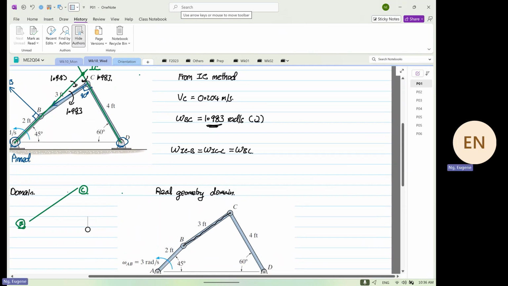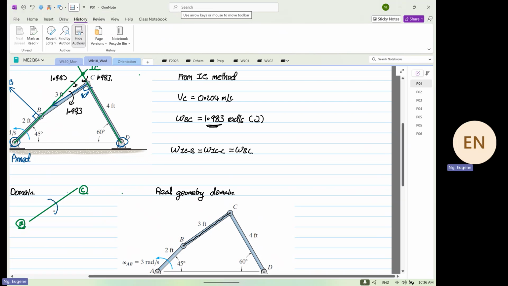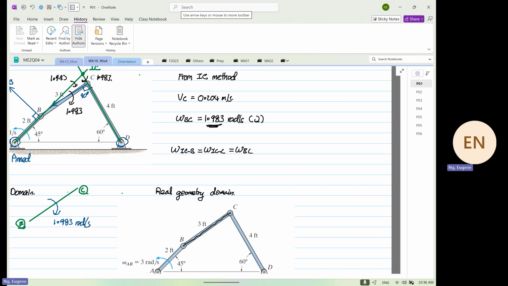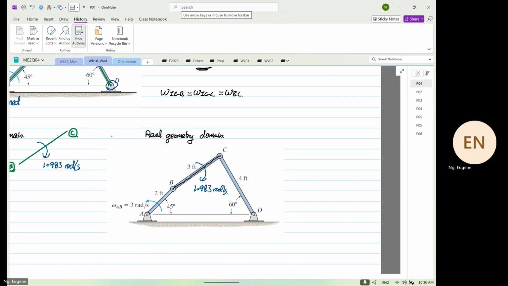From the IC domain, we know that this rotation is equal to 1.983 radians per second. Yes? Now, if we go to the real domain, BC also has to rotate by what? You see what's happening now? So in the IC domain, we found that this is 1.983.